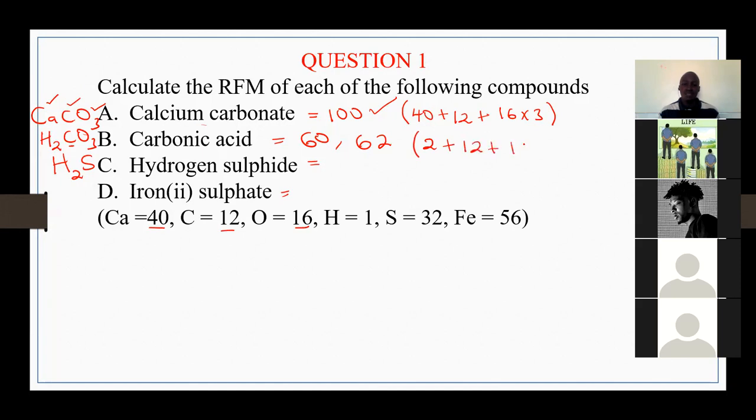Plus oxygen, 16 times 3. 16 times 3 is 48. 48 plus 12 is 60. 60 plus 2 is 62. So this one is out. Then we have hydrogen sulfide. 34. Yes. 2 from hydrogen, 1 times 2, plus 32. About iron-2 sulfate. Sulfate.